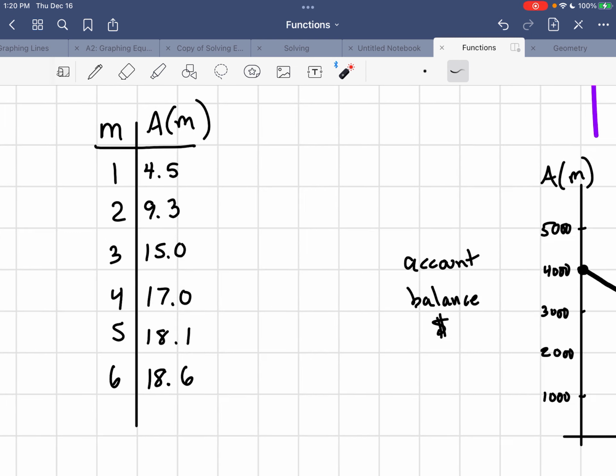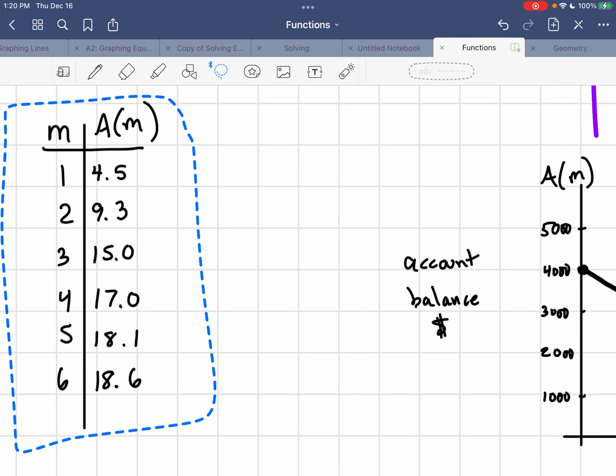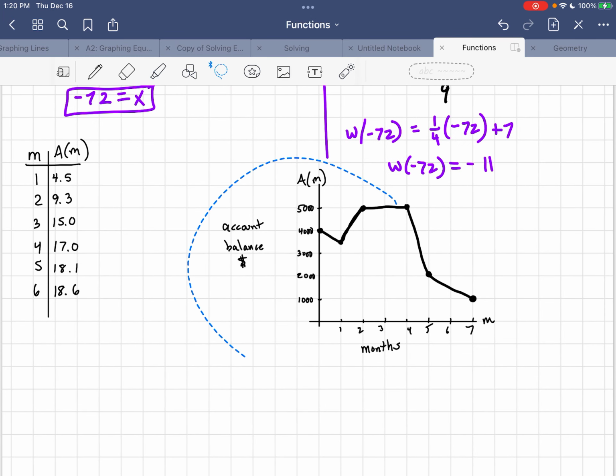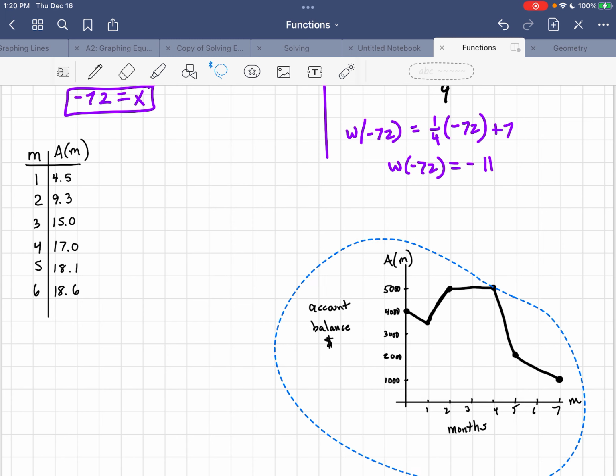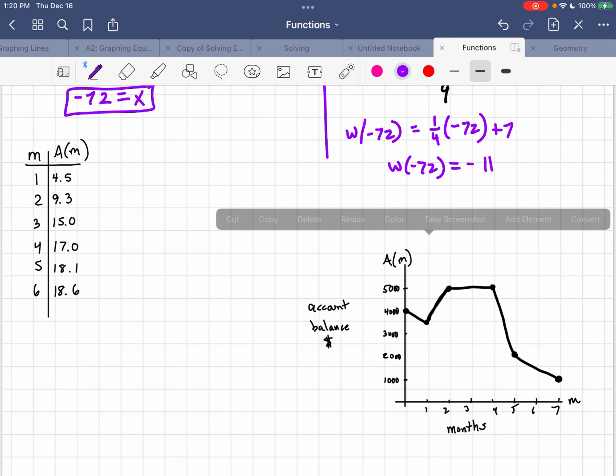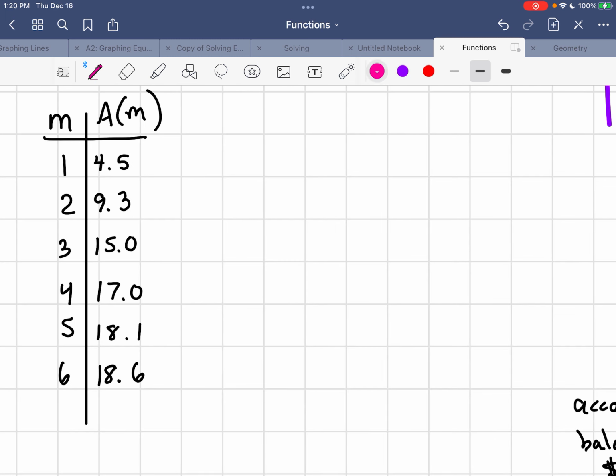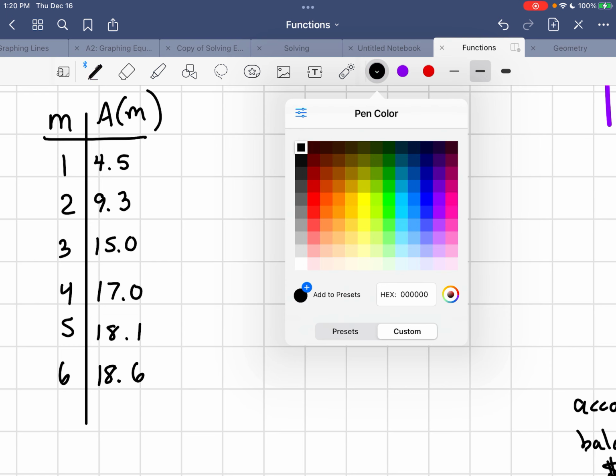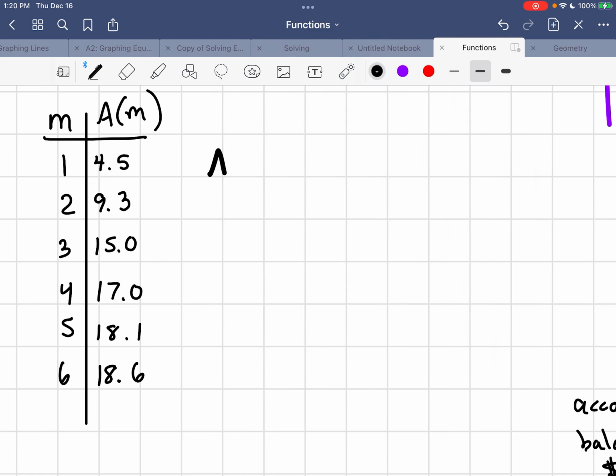These problems, you're going to be given this similar information. So I'm just going to slide this a little bit this way. And I'm going to slide this graph down a little bit so that I have room for both. All right, so this chart or table, one thing I could ask for is, what is A parentheses 4?